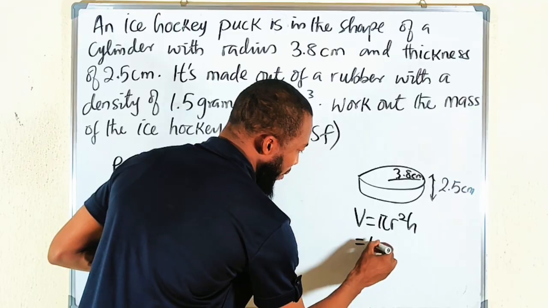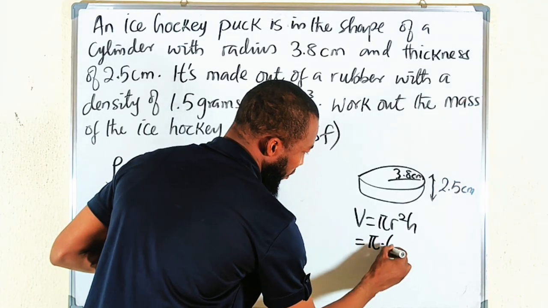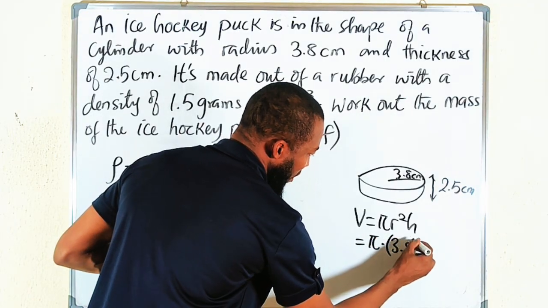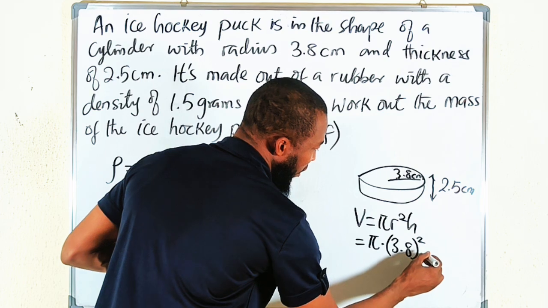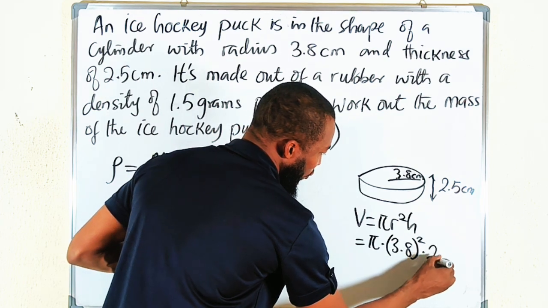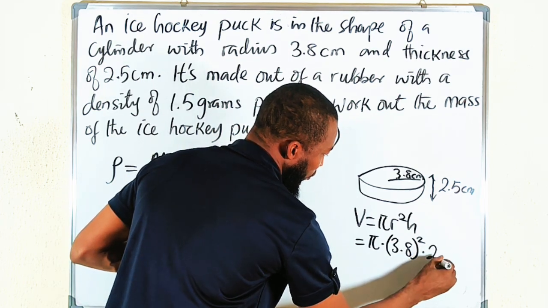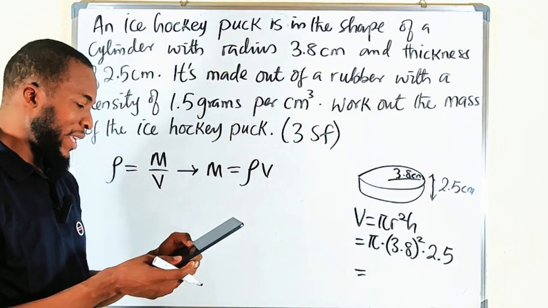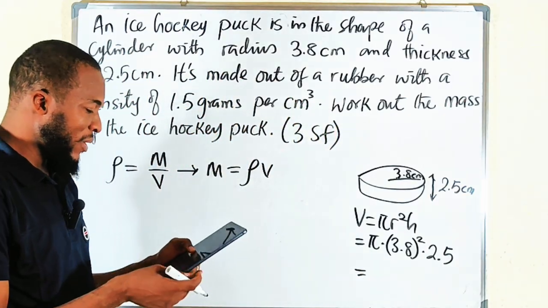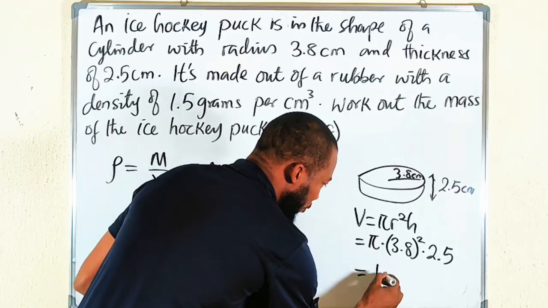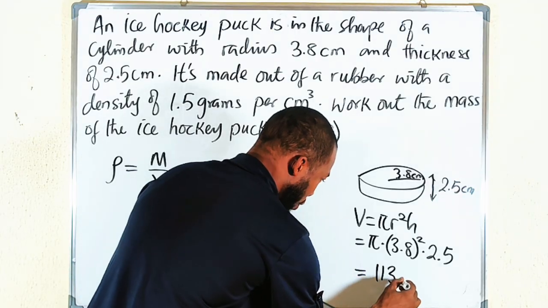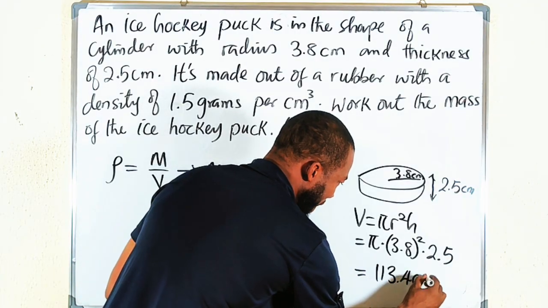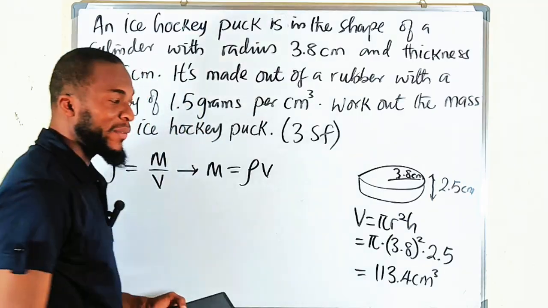So this is equal to pi times r, which is 3.8 squared, times the thickness, which is 2.5. Everything together, including pi, I have it here to be 113.4 cm cube. This is the volume.